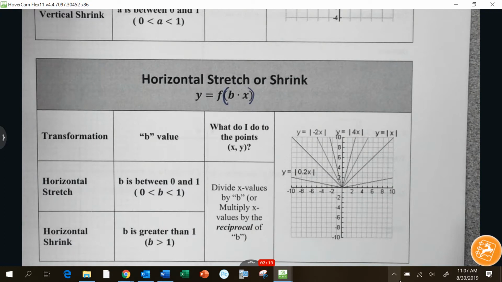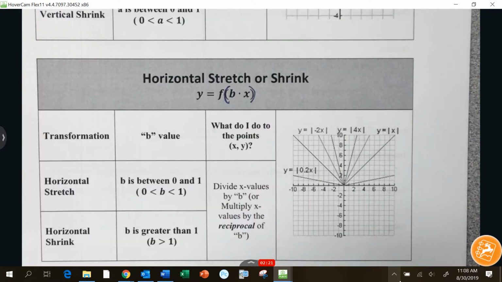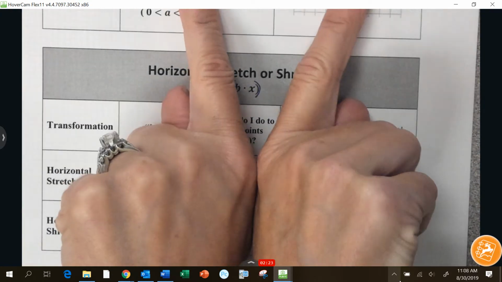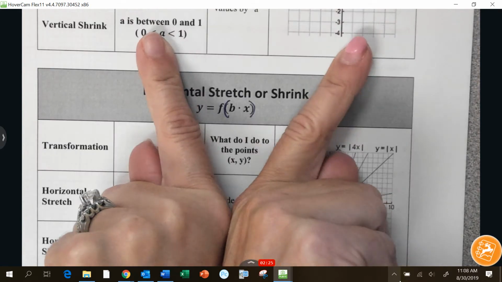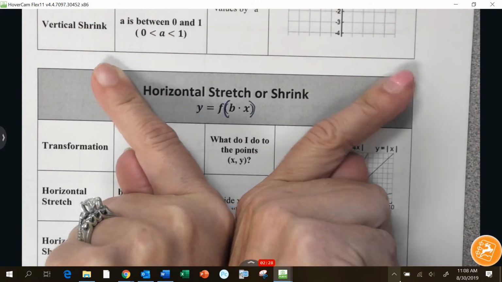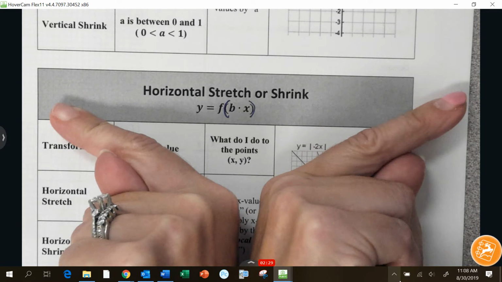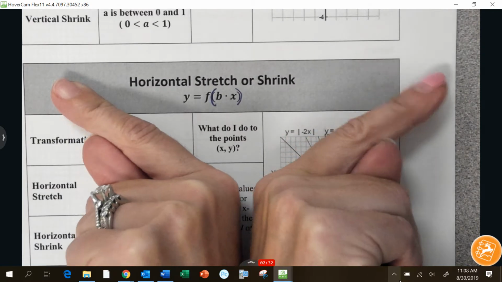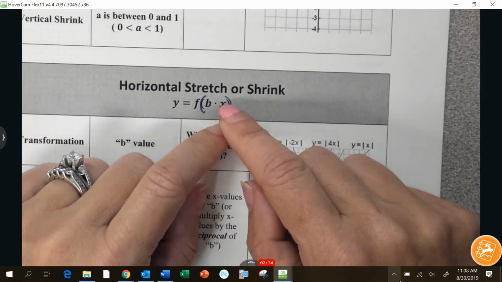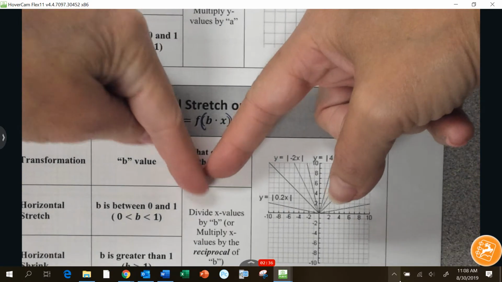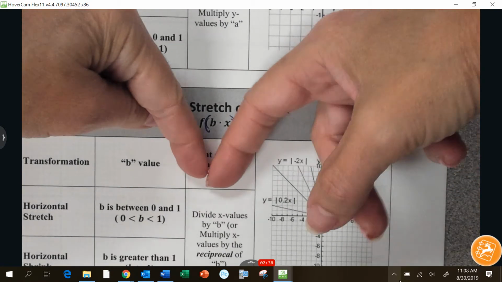If I have a function, let me do this with my absolute value fingers. Let's say I'm talking about vertical shrink.